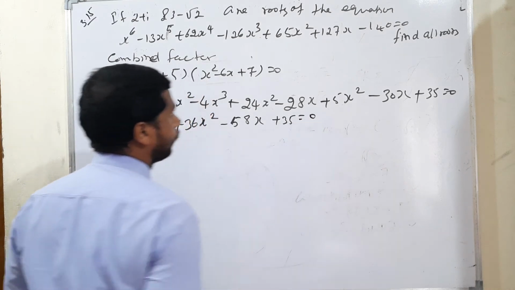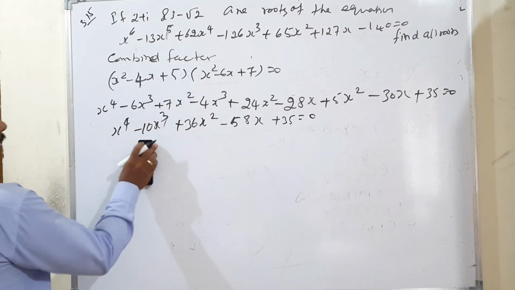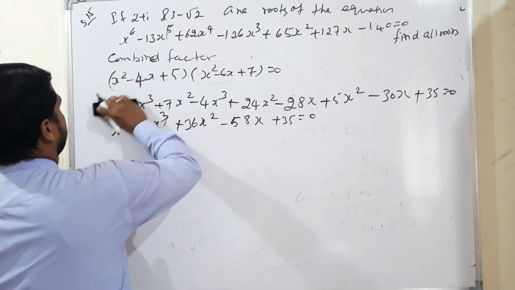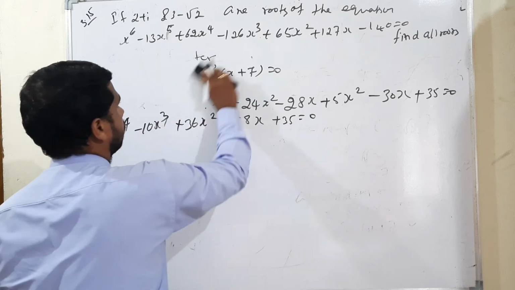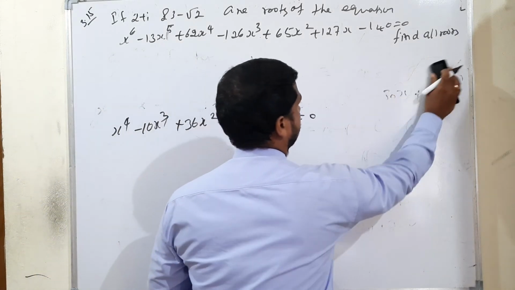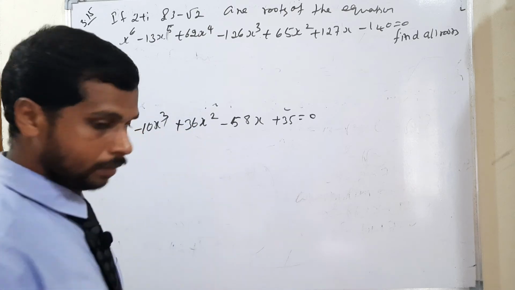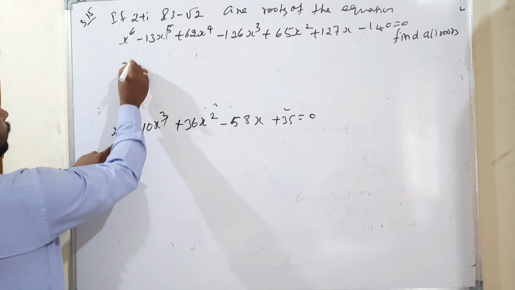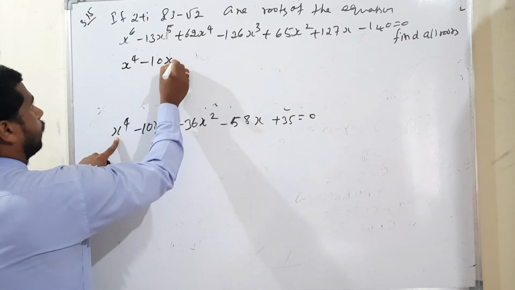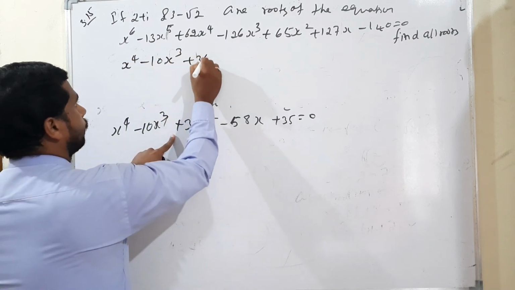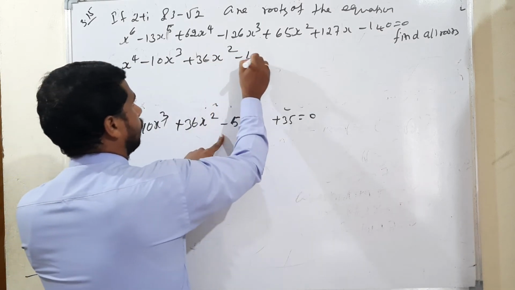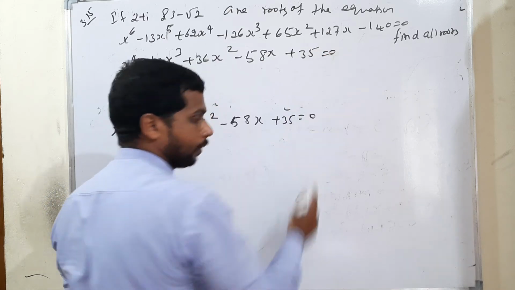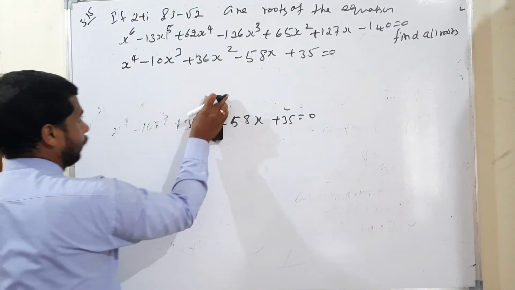Remaining factor: how to find out the remaining factor actually? So this is our term, x to the power 4 minus 10x cube plus 36x square minus 58x plus 35 is equal to 0. Now we can find out the remaining factor.